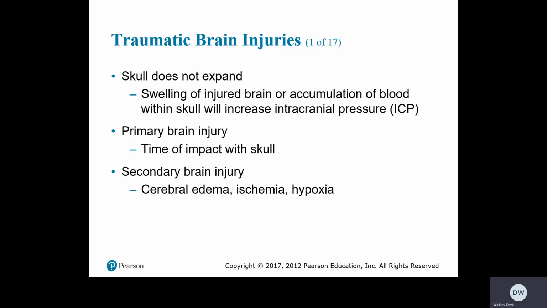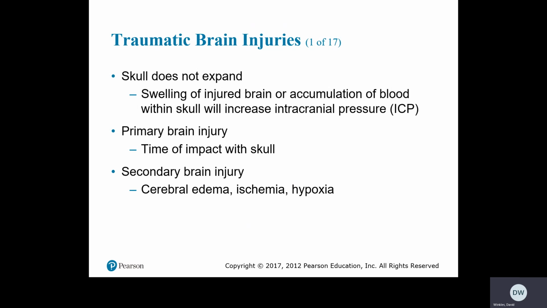We have to remember that with brain injuries, the skull does not expand. So any swelling or any change within the brain itself, the cerebral spinal fluid, and the blood that is in the cranial vault will alter the intracranial pressure. And any alteration in the intracranial pressure can be significant and impact the morbidity and mortality of the patient.